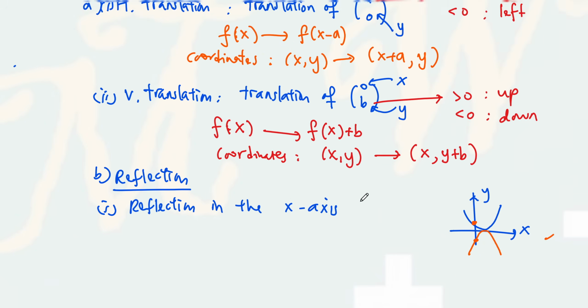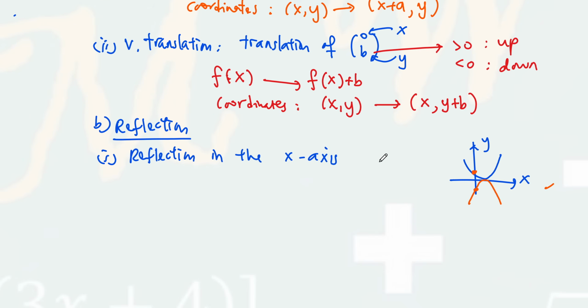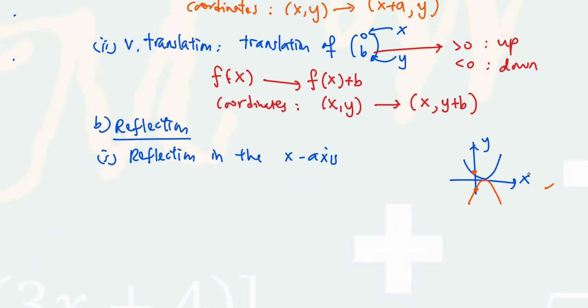So when it is the y value, I will say that it is vertical transformation. So you can just remember reflection in the x-axis will be this graph. This is vertical reflection, but normally we will just say it's a reflection in the x-axis.